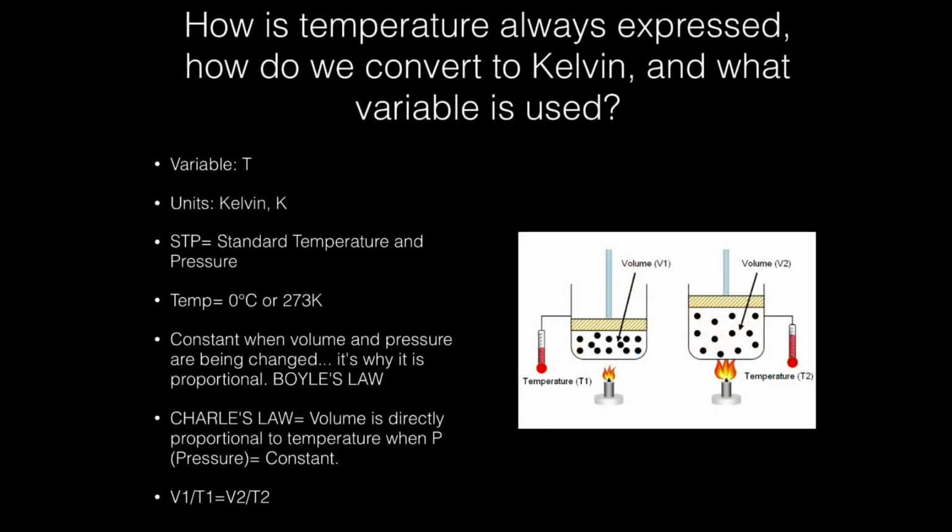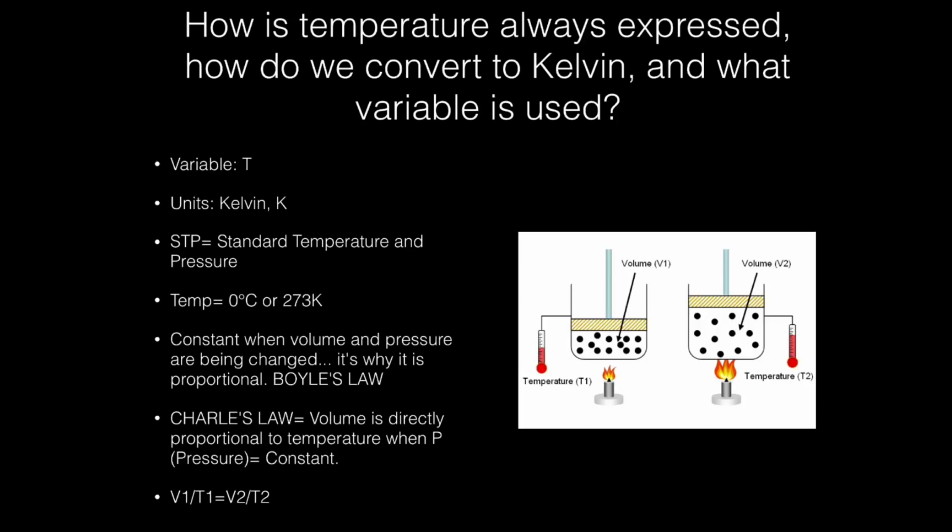Okay, next slide: how is temperature always expressed, how do we convert to Kelvin, and what variable is used? The variable for temperature is a capital T, the units are Kelvin, which is shown as K, and the standard temperature and pressure is demonstrated as capital STP. The temperature of the STP is 0 degrees Celsius or 273 Kelvin.